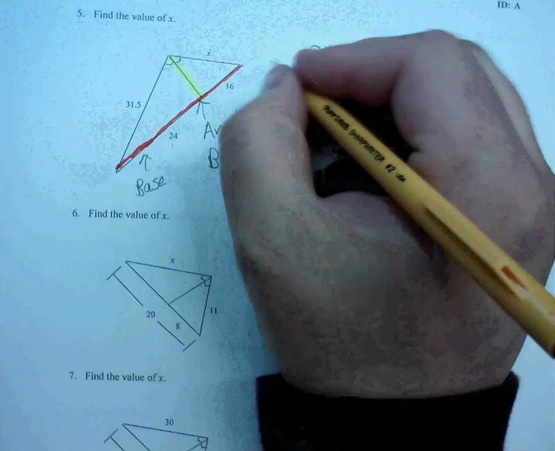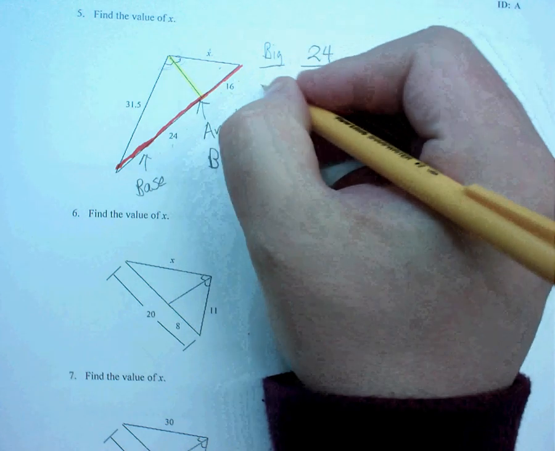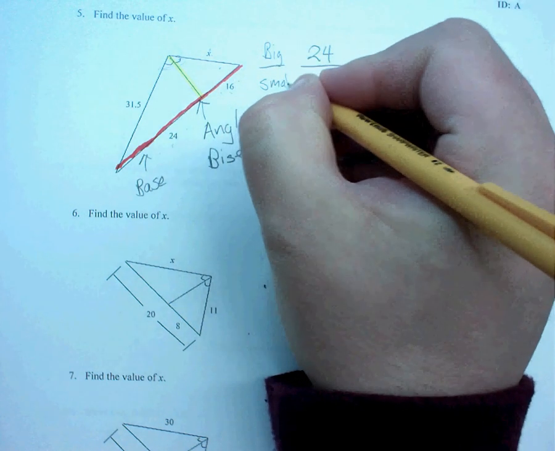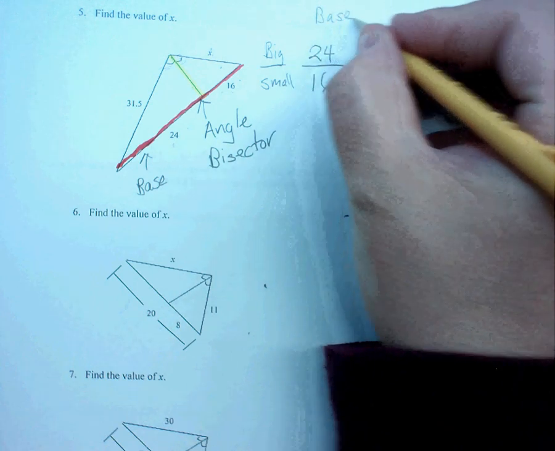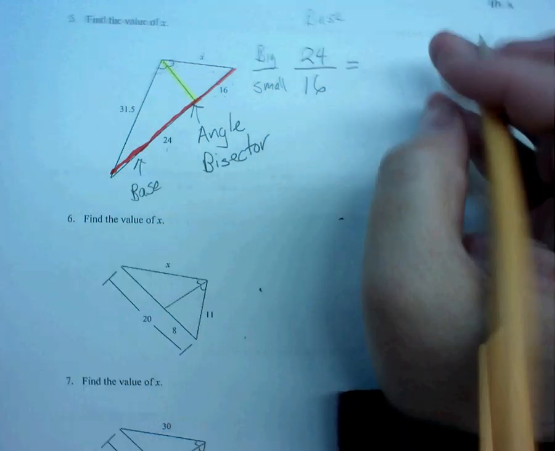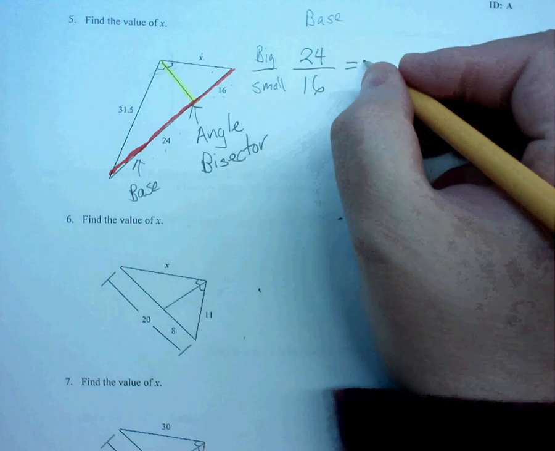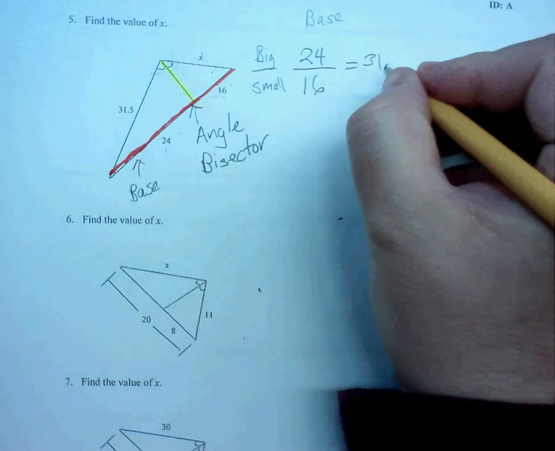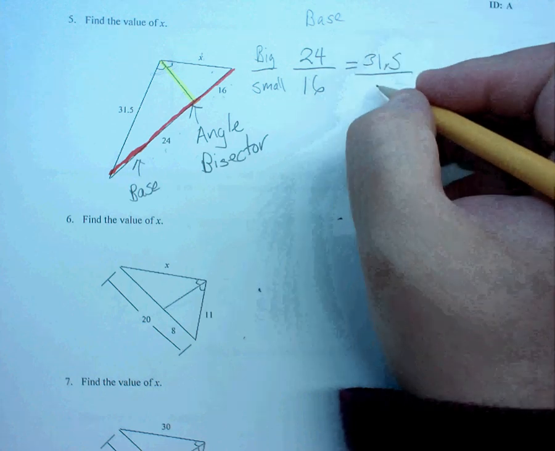So this is the big triangle over the small triangle, and then you could think of this as being the base part. And that's going to be equal to, what line segment is on the big triangle? It's going to be 31.5, and then the other side of the small triangle is just x.